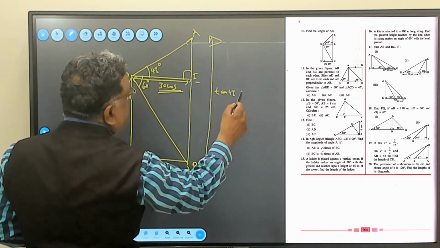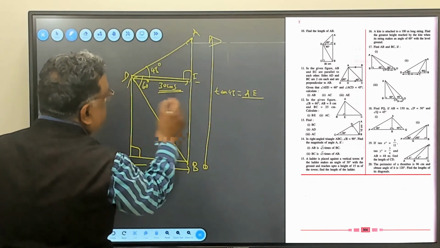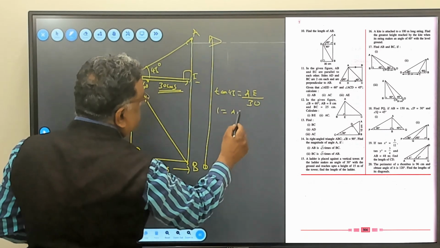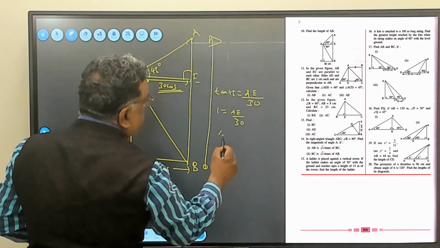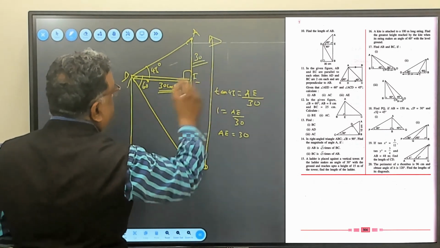Tan 45 is opposite, which is AE, upon adjacent, which is 30. So tan 45 is 1, which is AE upon 30. So AE becomes 30. So this distance I got 30 centimeters.